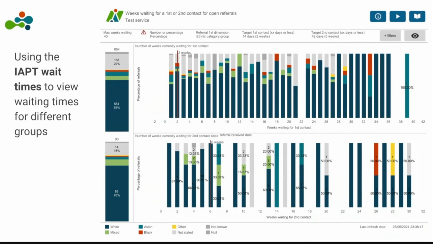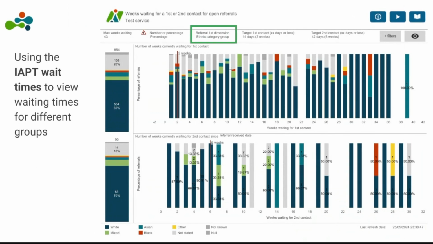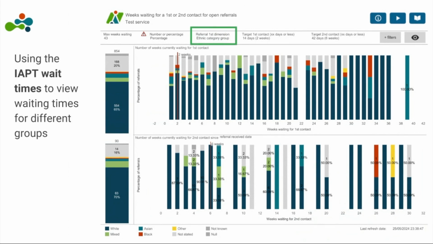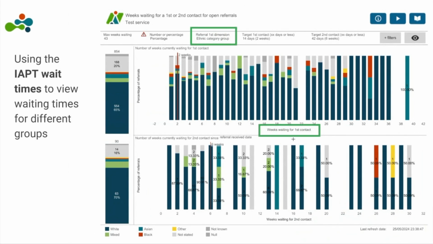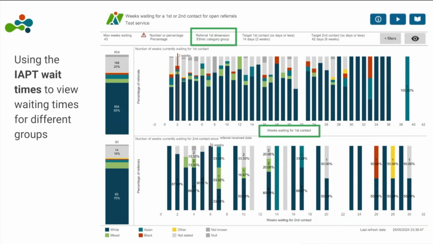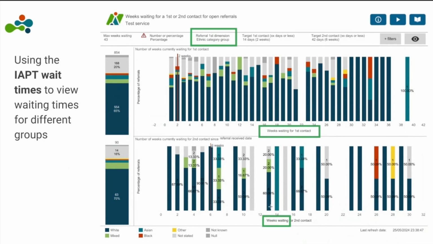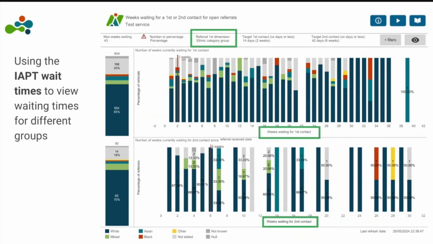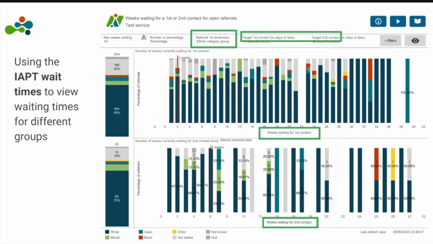Again, we can identify those different groups that are of interest when looking at health inequalities work, and we can see how long they've spent waiting for their first contact, so for their assessment, and then the subsequent wait after that. There are also various controls you can change, or different targets that you can put in there, such as these up here.